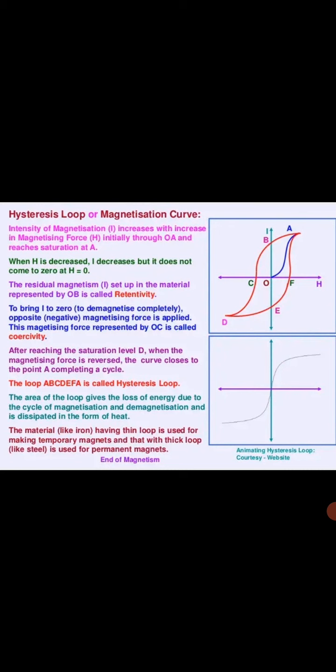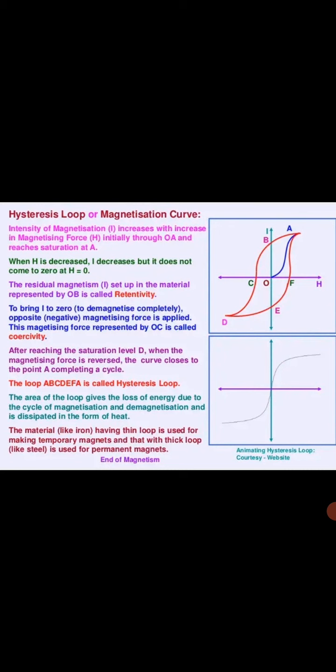From A to B, the OB part represents the intensity of magnetization. It means when the magnetizing force becomes 0, the substance retains its magnetic property. The magnetic property of the substance does not disappear when H becomes 0.